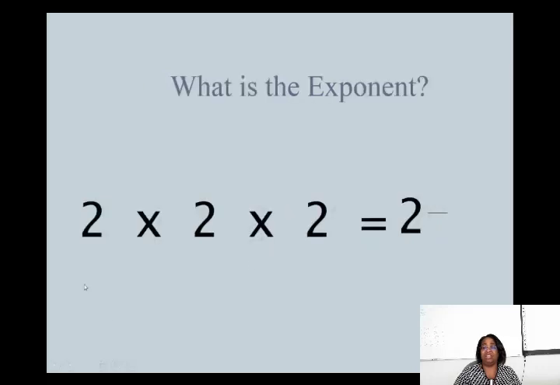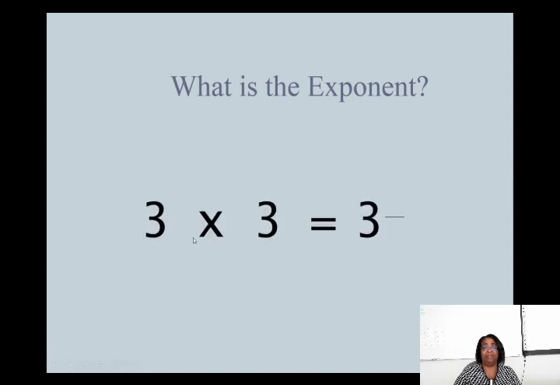Now, in this particular expression, I have 2 times 2 times 2 is equal to what expression? What power? 2 to the 3rd power, because there's 3 of them, right? And then what about this one? This should be 3 to the what power? 2nd power. Good.